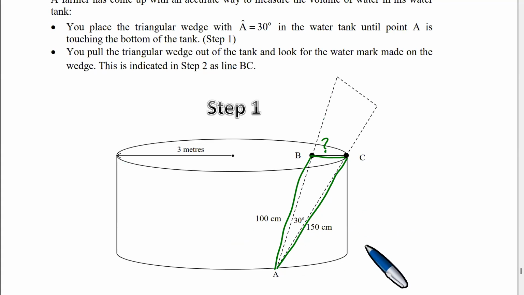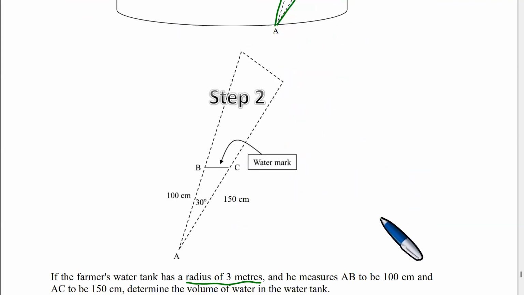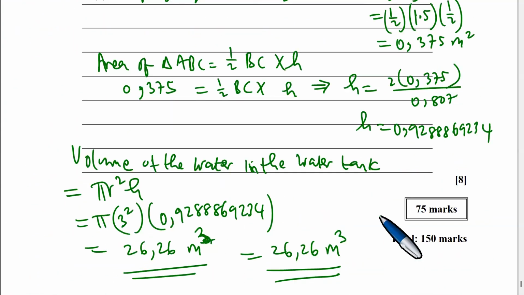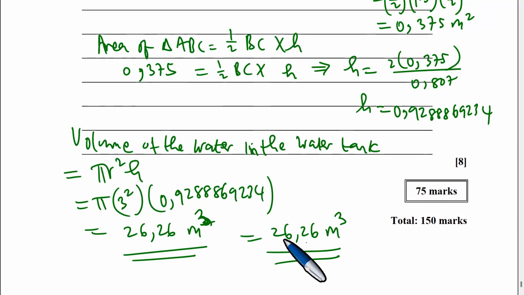But most importantly, you need to realize that in this question, BC was at the top, so it was full to capacity. The tank was full. All right, if the tank was full, then you get 26.26 cubic meters.